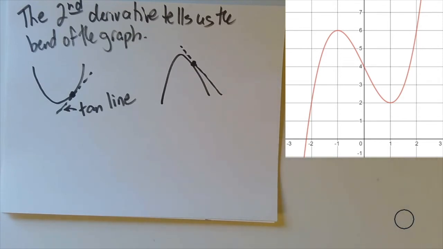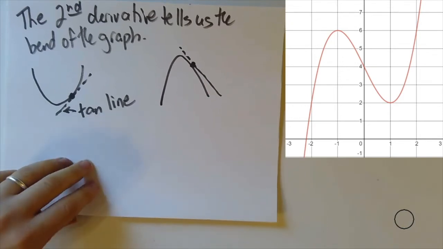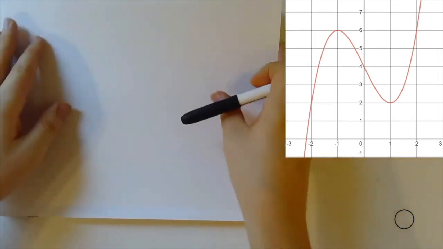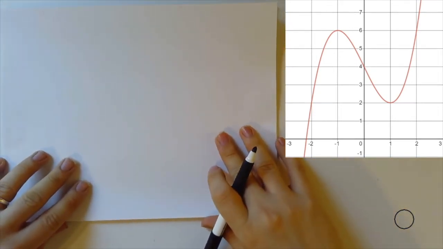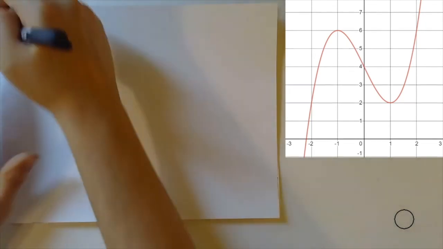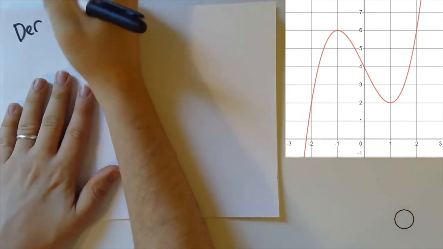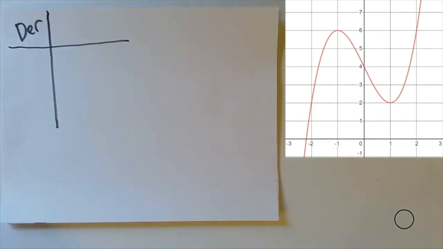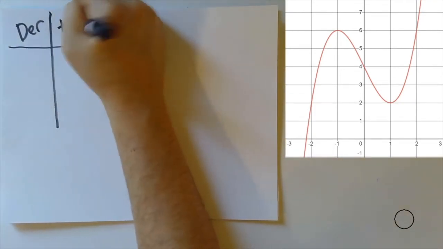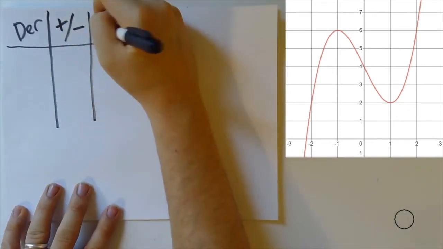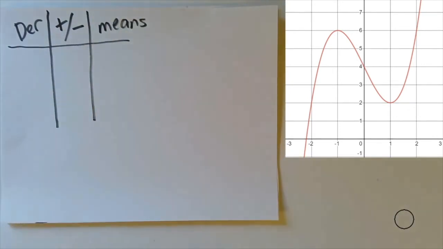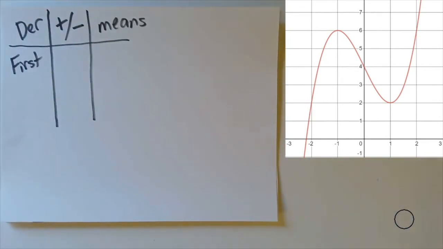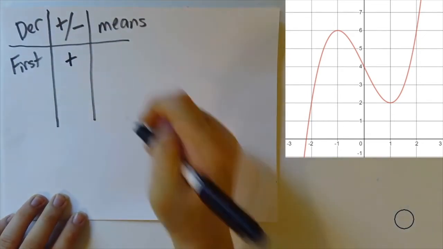Okay, so I want to summarize all of that for you in a table that'll tell you everything you need to know about how the derivatives relate to the behavior of the function. I have here a table which gives the derivative, whether it is positive or negative, and what that means. Let's review: first derivative positive means increasing.